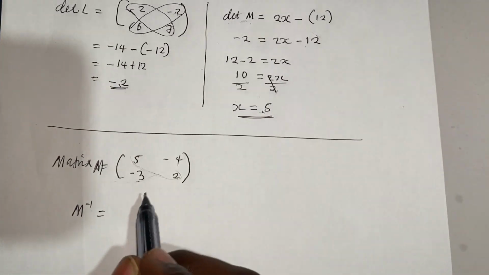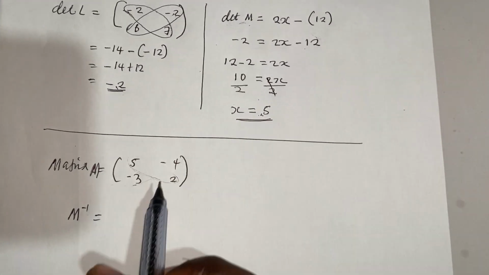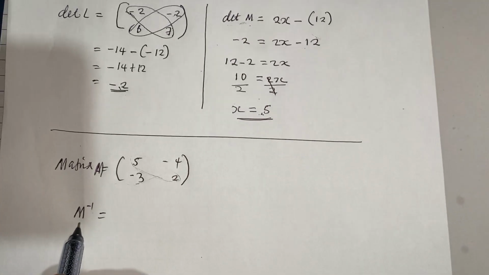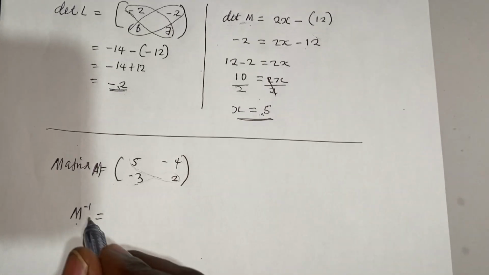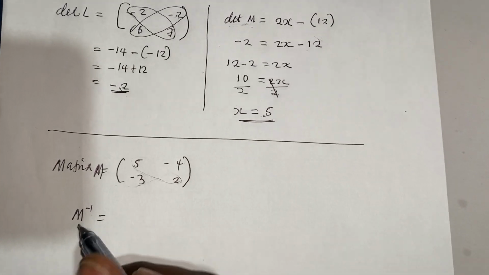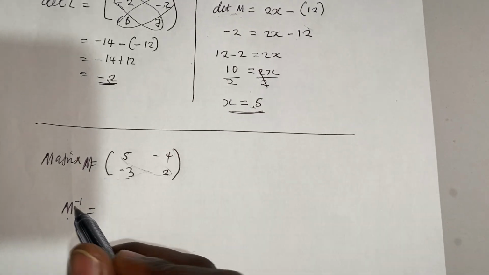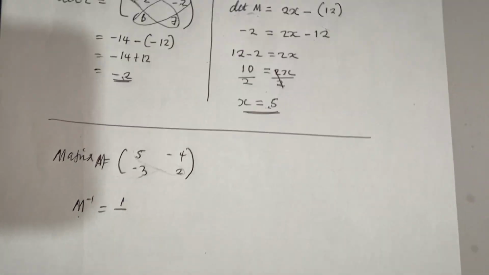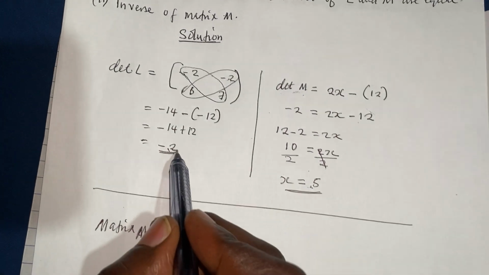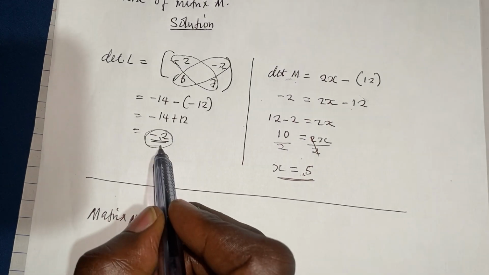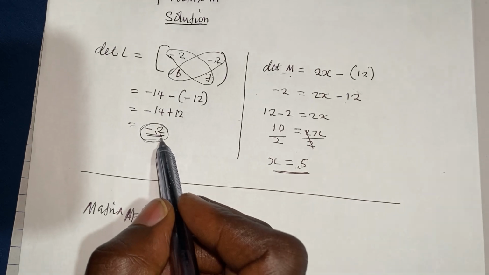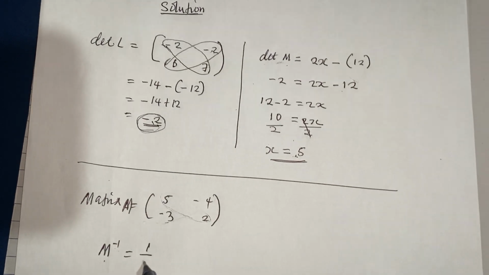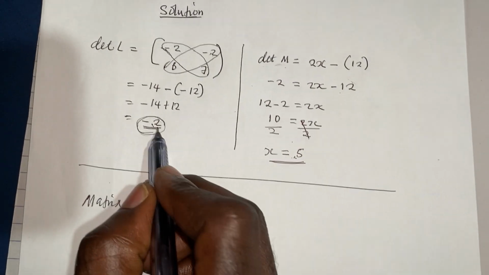Then after you're done, you're supposed to multiply by the inverse of the determinant. So it will be 1 over the determinant. What is the determinant? We found it as 2, as -2, sorry. Which is -2.